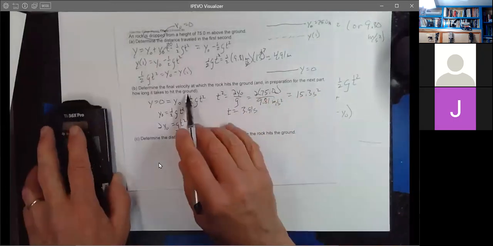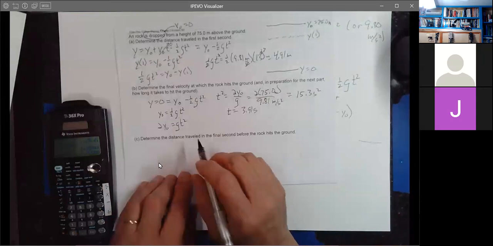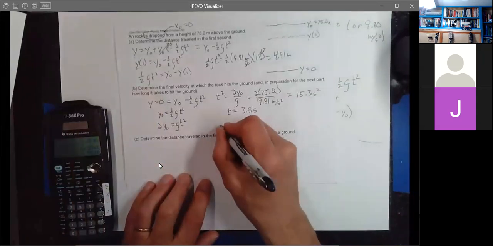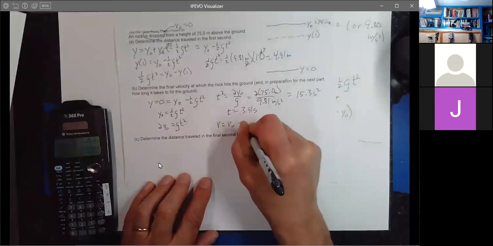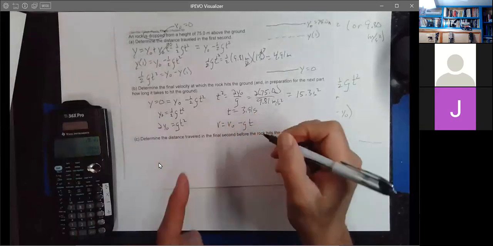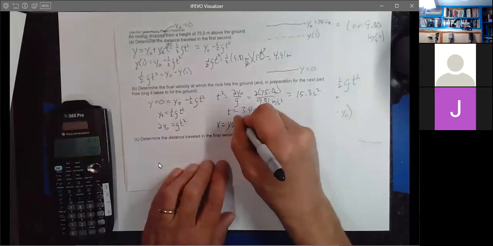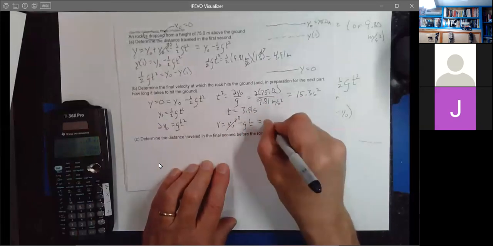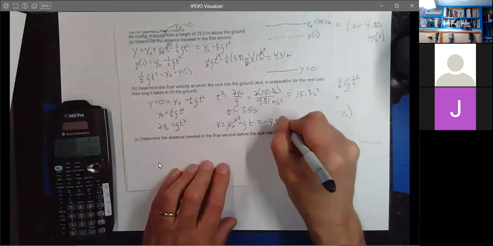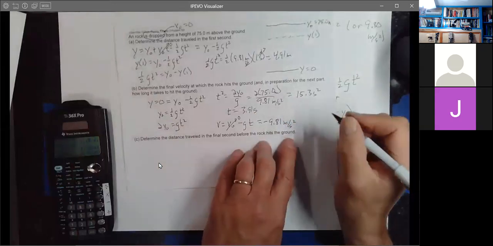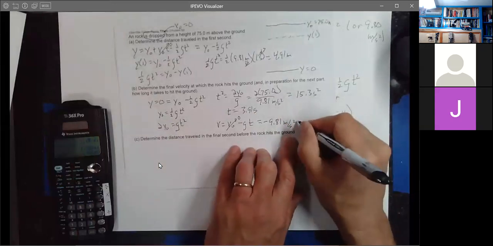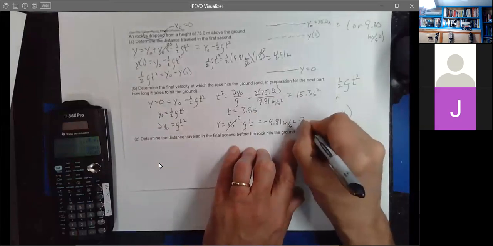And then it says the velocity at which it hits the ground. Well, that's going to be v equals v0 minus gt, but it was dropped, so v0 is 0. So it's just going to be minus 9.81 meters per second squared times 3.91 seconds.